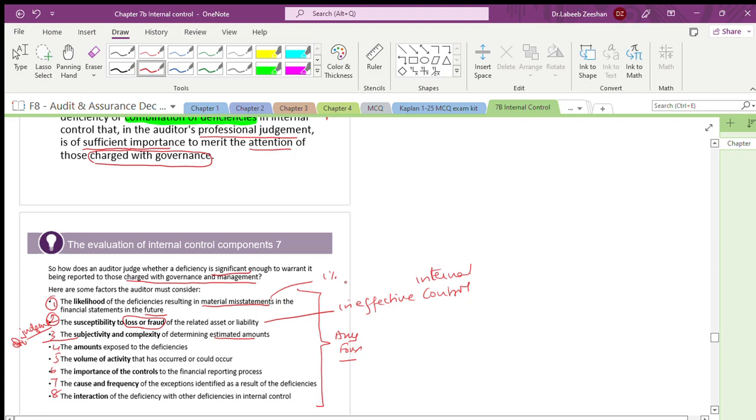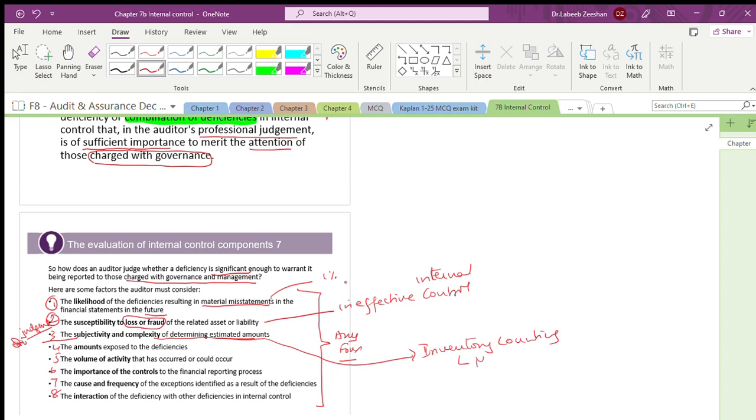Complexity in terms of what? I will put it very clearly with examples. Complexity with respect to inventory counting. If there is any movement of goods, definitely it makes things very complex.